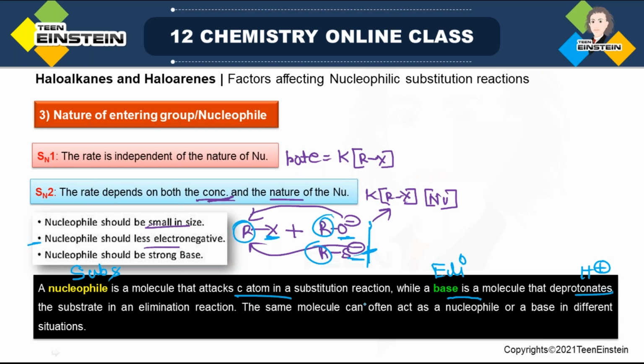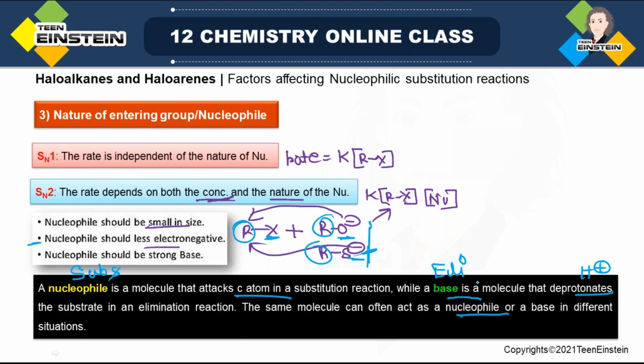Fine. So the same molecule can act as a nucleophile or a base in different situations, depending on the other conditions of the reaction. Suppose you are controlling the temperature or concentration. Depending on so many conditions, the same species can behave as a nucleophile or a base.